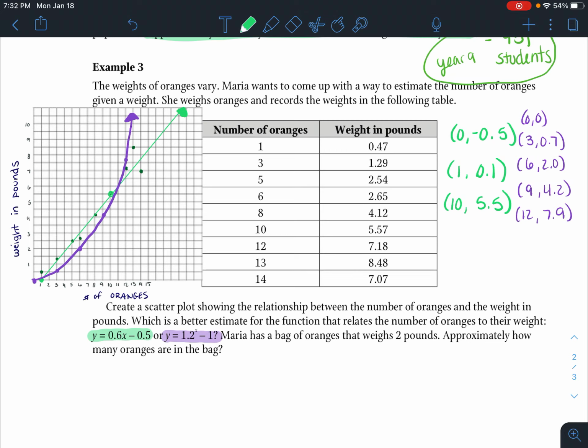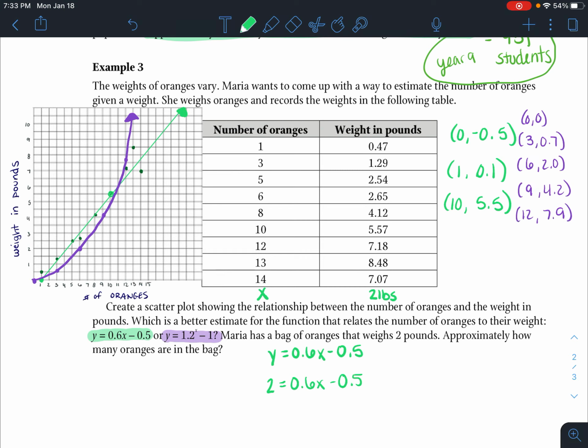It says Maria has a bag of oranges that weighs 2 pounds. So 2 is going to go on the y side, and we're looking to find how many oranges. We're going to take the equation that we decided was the best fit, plug in 2 for the value of y, and work our way backwards and solve for x.